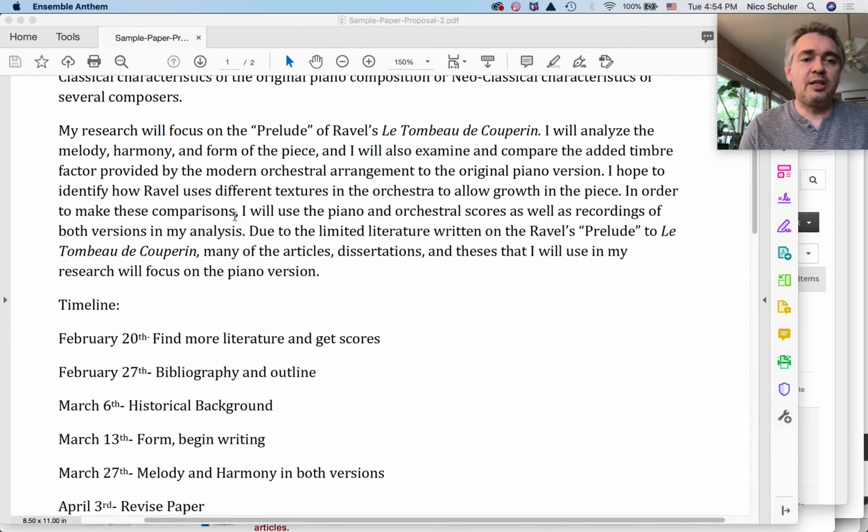In order to make these comparisons, I will use the piano and orchestra scores as well as recordings of both versions in my analysis. So there is something about both the analytical method, as well as the sources, in this case primary sources, the piano version and the orchestra score.